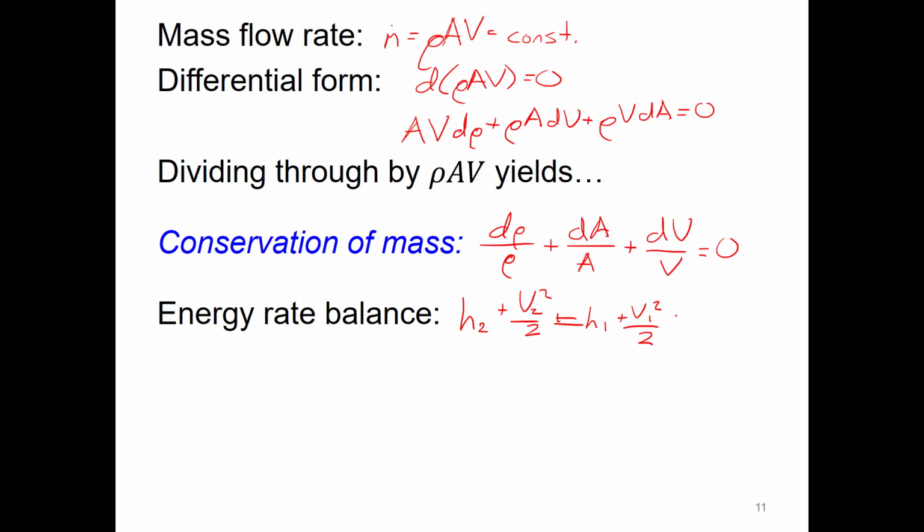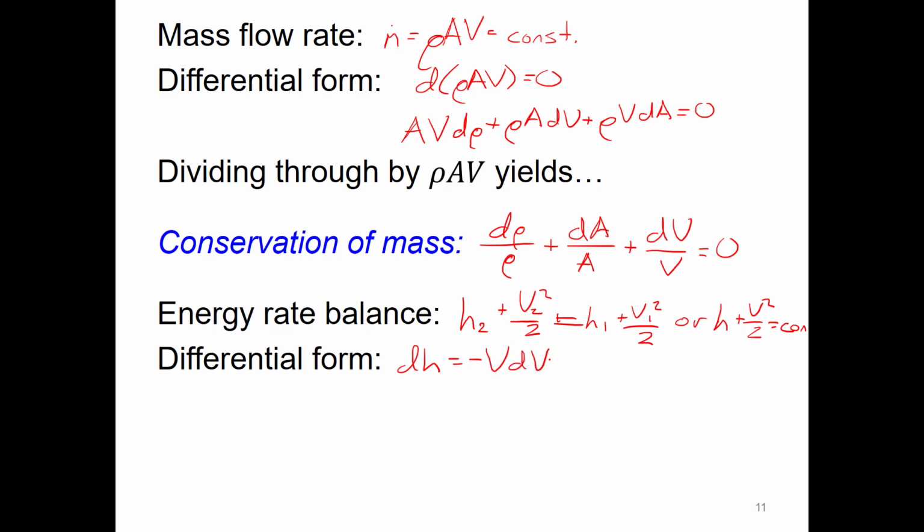Or let me say just H plus V squared over 2, and that'll equal some constant. The differential form of that comes to be just dH is equal to minus V dV, V being our velocity.